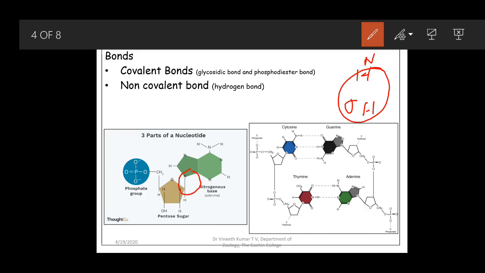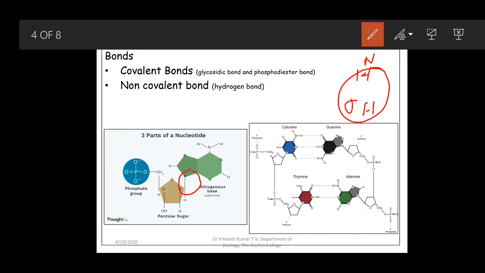So this is the first covalent bond, which is between the nitrogen base and the sugar, and the second covalent bond is formed between the phosphate group and the sugar, and that happens at the 5' end. At the 5' end, as we said earlier, you have a 5' hydroxyl group.